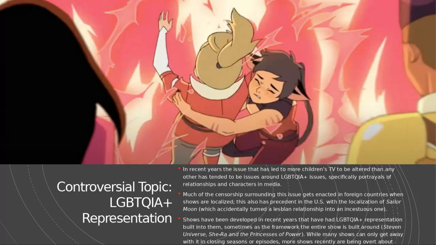The U.S. is no stranger to this either, because they had the localization of Sailor Moon, where to explain the closeness of Sailor Uranus and Sailor Neptune, they had to make them cousins instead of lesbian lovers as they were in the original context. The only problem is, by making them into cousins, now all of a sudden, hey everybody, it's incest, yay! So sometimes it leads to more problems than it's worth.